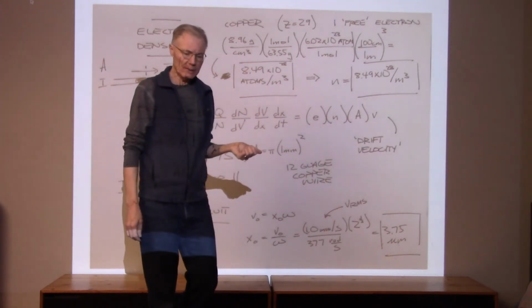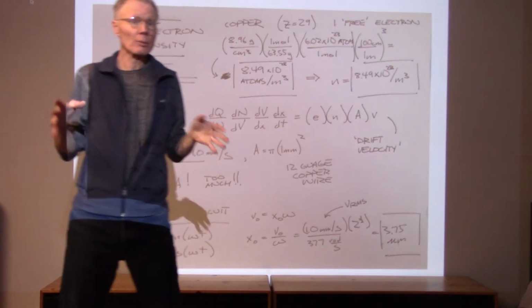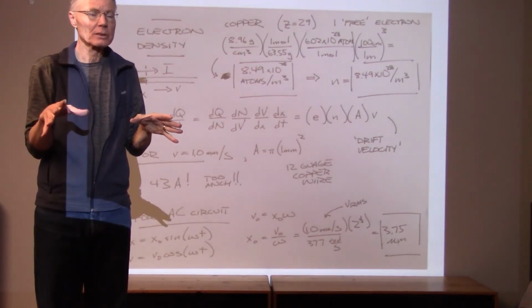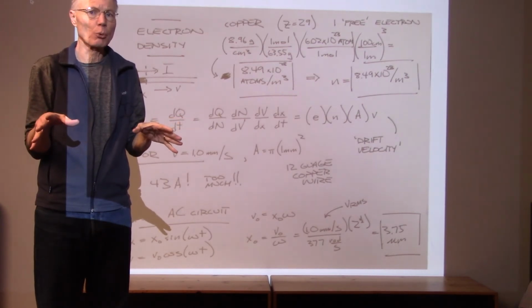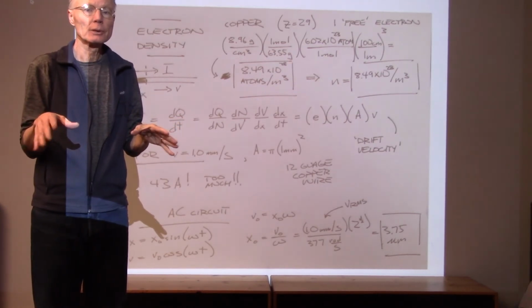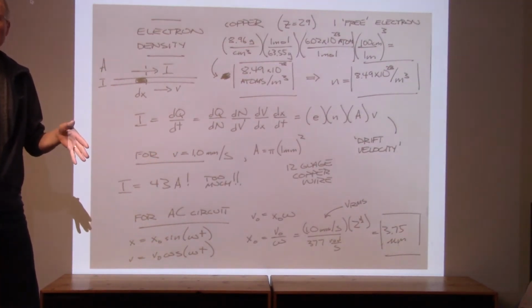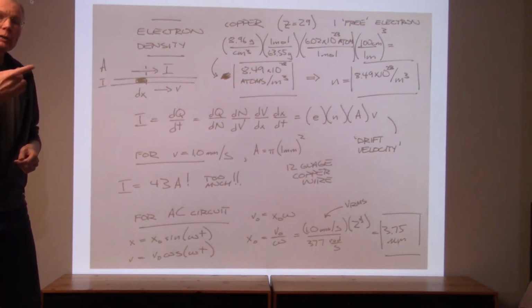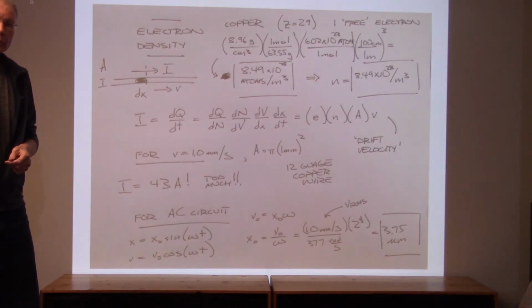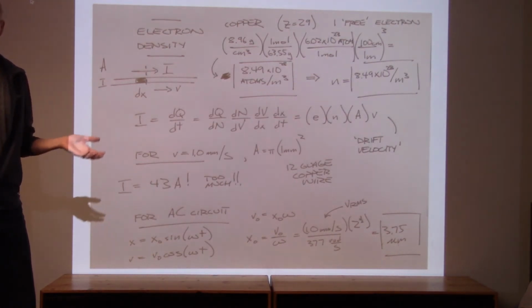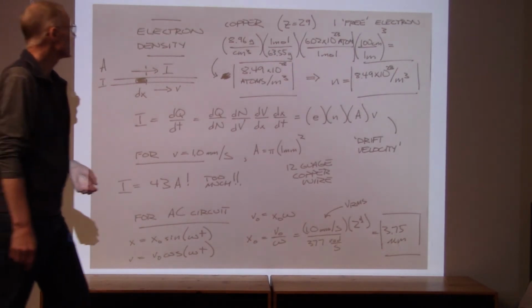Of those 29 electrons, 28 are pretty much locked into place, so they're not available for creating a current. It turns out that in each copper atom, or in a block of copper, there's only one electron per atom, per nucleus, that is mobile. It can move around freely.